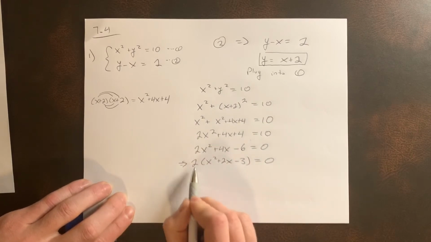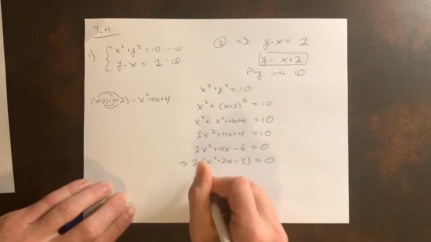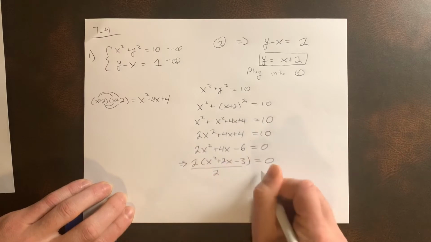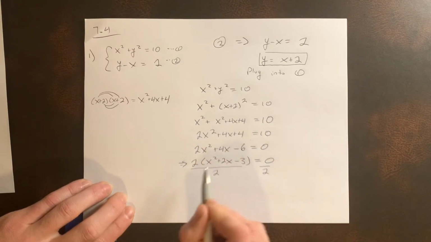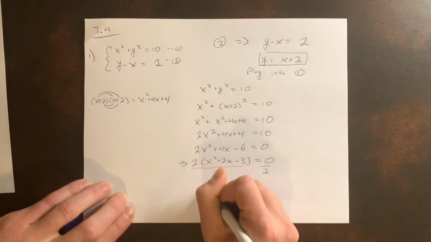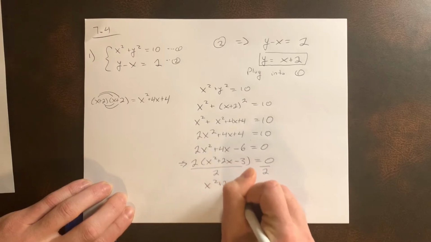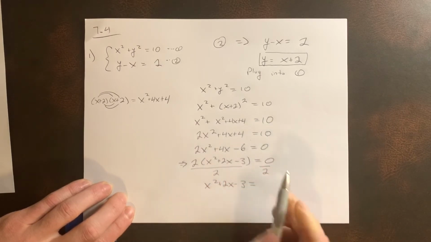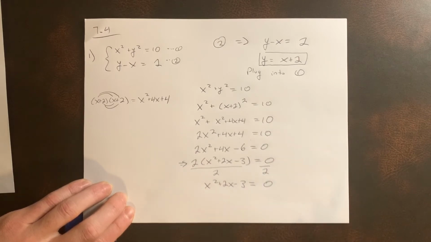Now let's divide by 2 on both sides. It cancels on the left-hand side, so we have x squared plus 2x minus 3, and on the right-hand side, 0 divided by 2 is 0. Now all we need to do is solve x squared plus 2x minus 3 is equal to 0.